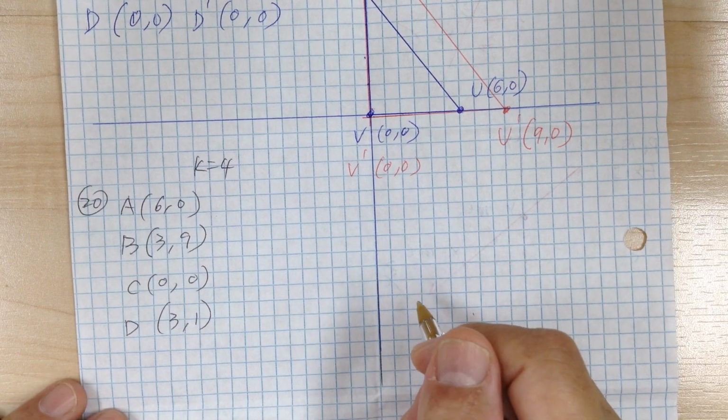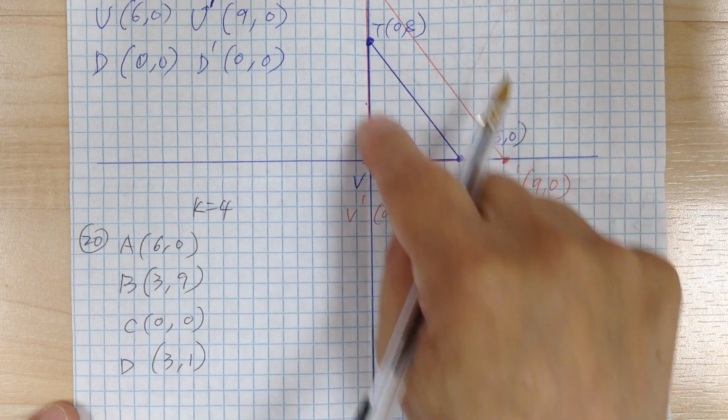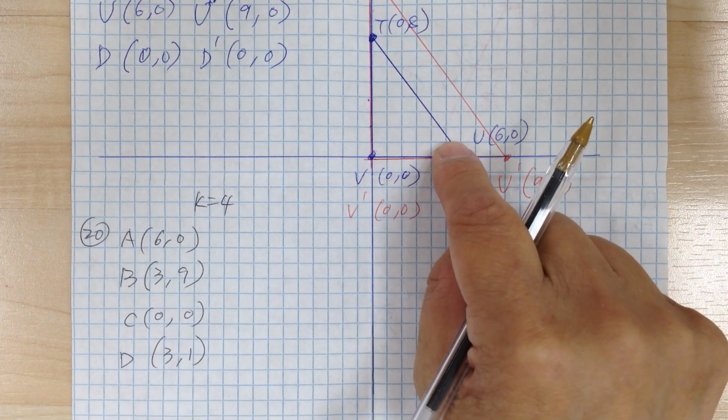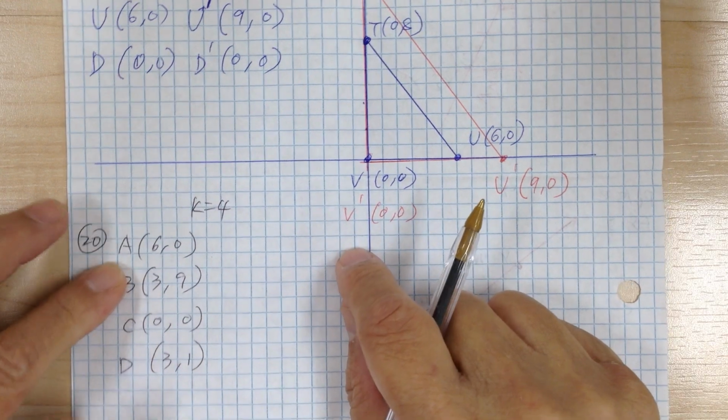Now, we actually don't have to waste time. It did not ask us to draw the original. So we don't have to draw the original. It did not ask for original. So we can just draw the image already.